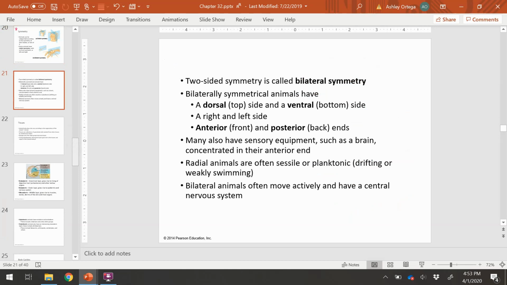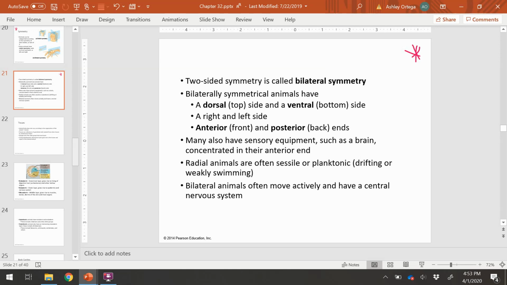And for the bilateral symmetry, you have more definitions to go with that to help you clarify when you're discussing different aspects of these animals. There is a dorsal or top side and a ventral or bottom side.